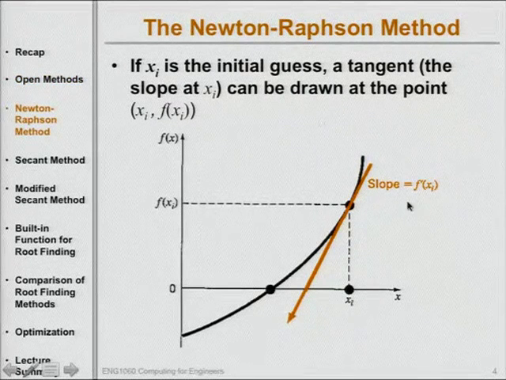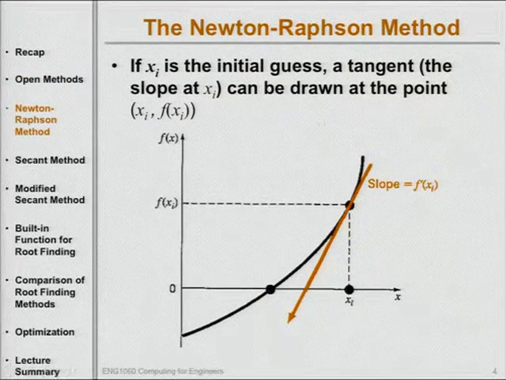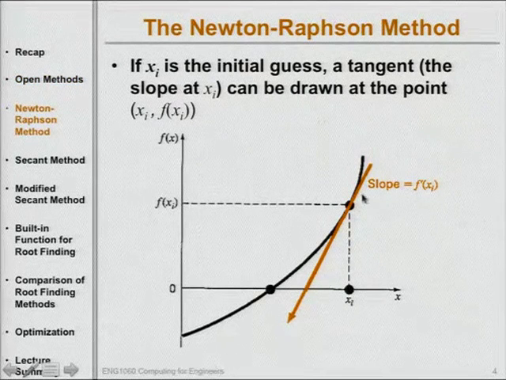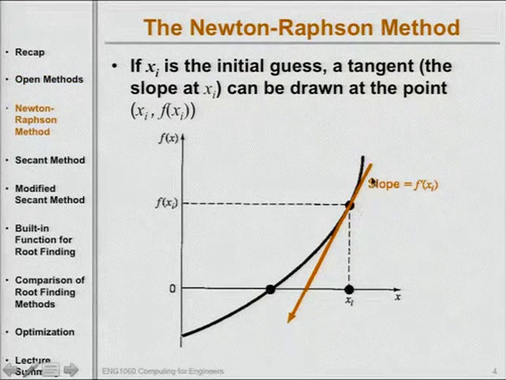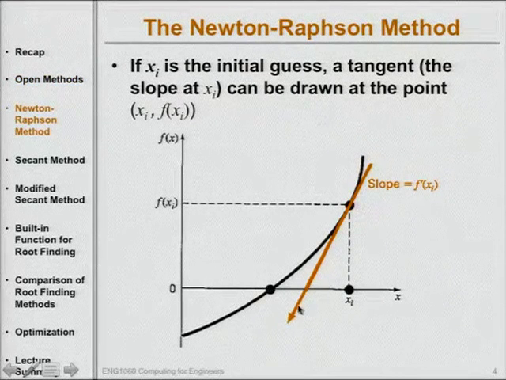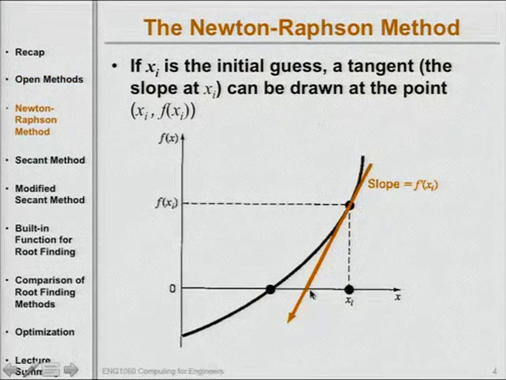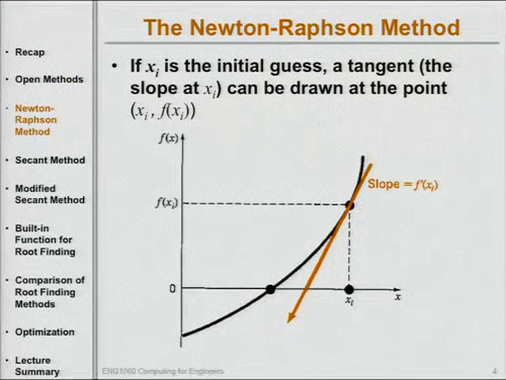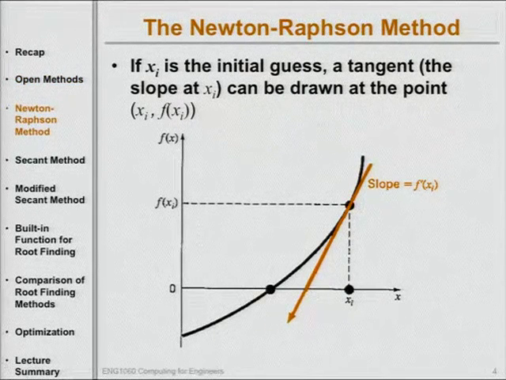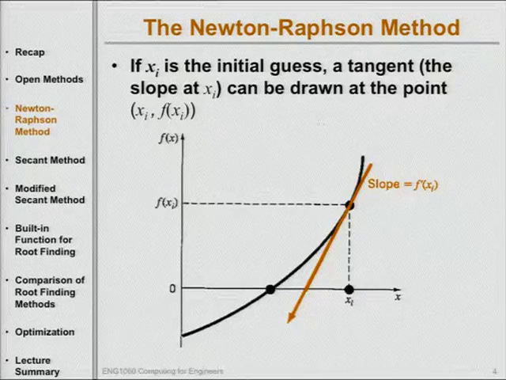That's just what the first derivative is, it's the slope of the line. So based on this, if we actually followed this tangent down from this point to where that tangent hits the axis, that's going to be a better guess for where the root might be. That's the basic idea behind these three methods: we're taking a tangent to the curve, we follow that down to the x-axis and say, okay, that's going to be our next guess.